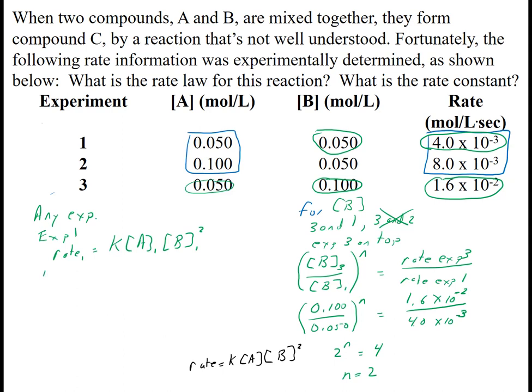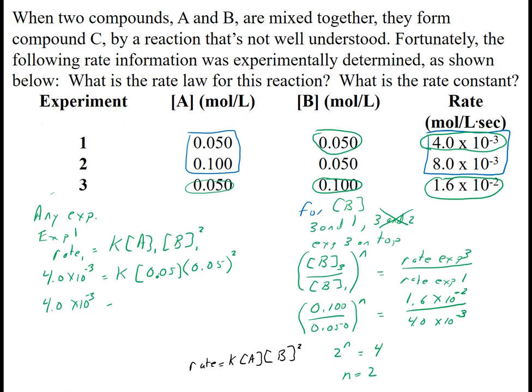So it's 4.0 times 10 to the minus third equals k, which I don't know, times 0.05 times 0.05 squared.